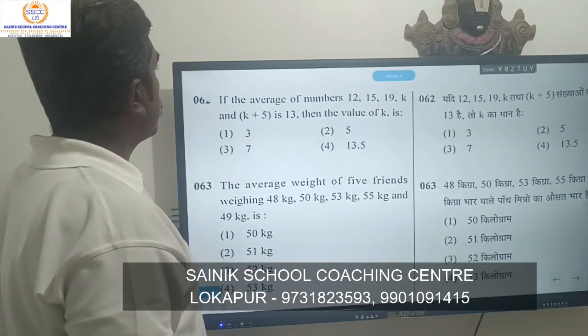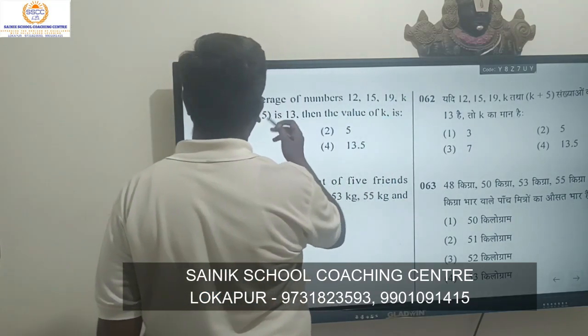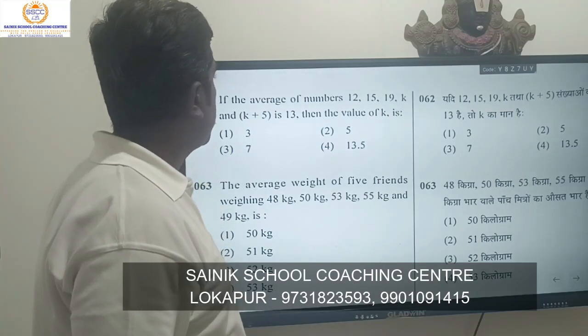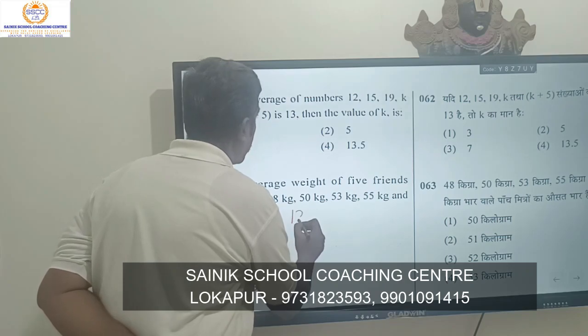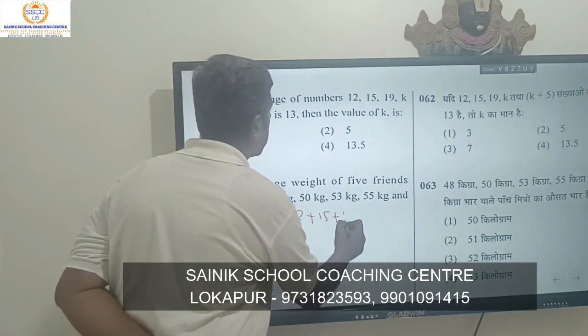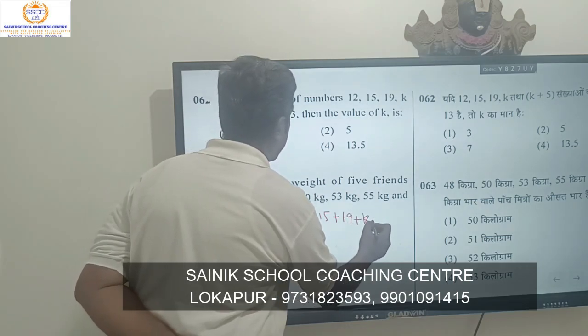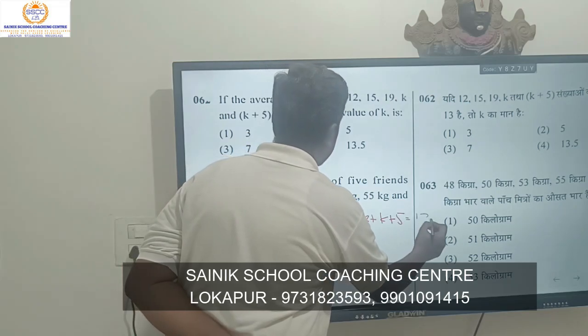If the average of the numbers 12, 15, 19, k and k plus 5 is 30, then what is the value of k? The formula for average: 12 plus 15 plus 19 plus k plus k plus 5 divided by the number of terms.